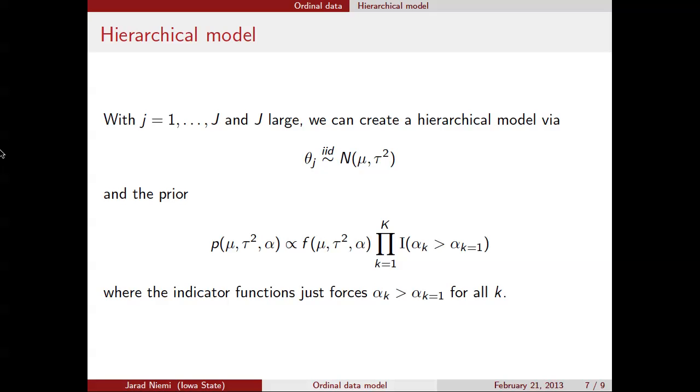I didn't say what we're going to use here. Use whatever you want. The only caveat is that whatever functional form you want for the prior, one part that you have to have in the prior is to make sure that these cut points go in the order that you expect them to go in. So alpha 0 is negative infinity, then we have alpha 1, alpha 2, alpha 3, alpha 4, and alpha 5 is positive infinity.